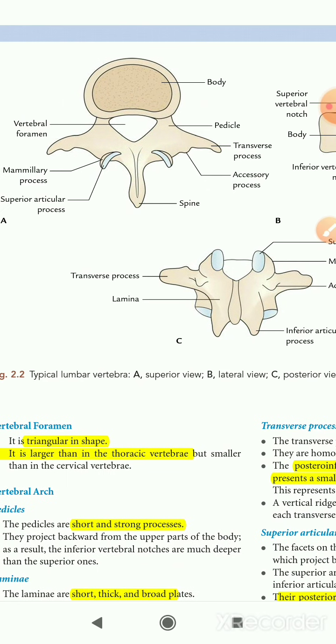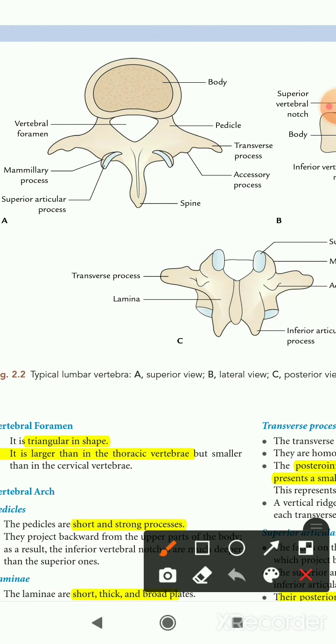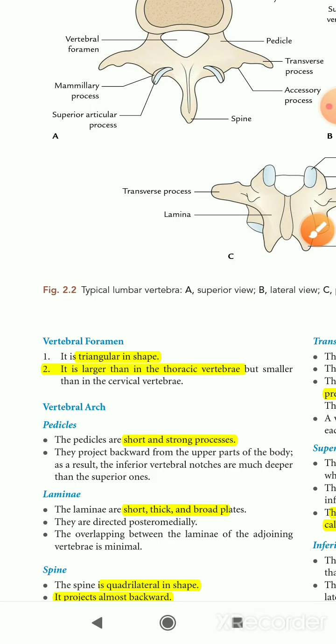So let's see, this is a typical lumbar vertebra, and you can see its transverse diameter is bigger than the anteroposterior diameter, and its spinous process is thick and quadrilateral in shape. Now come to the vertebral foramen.